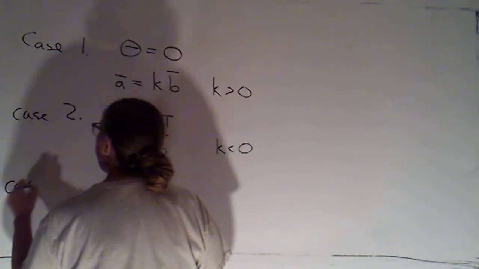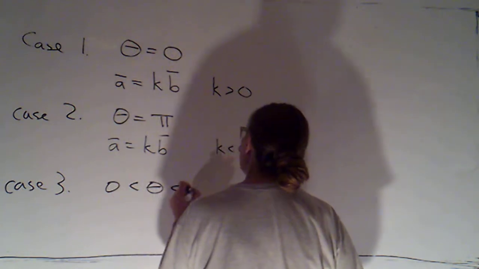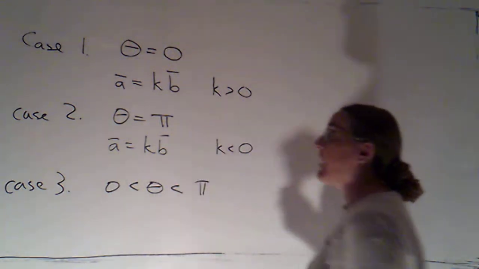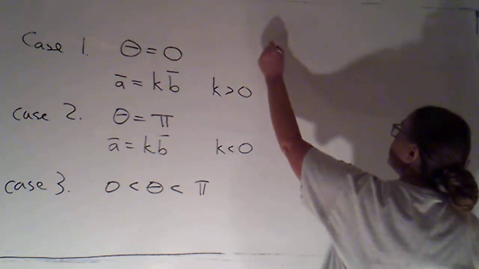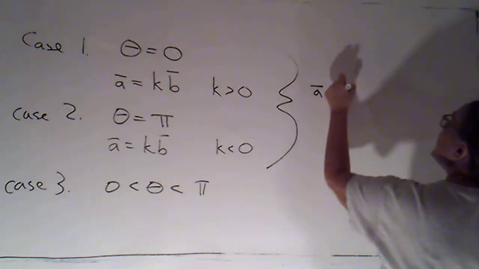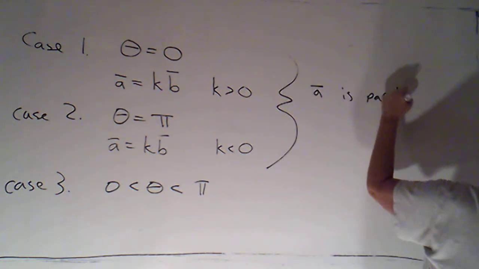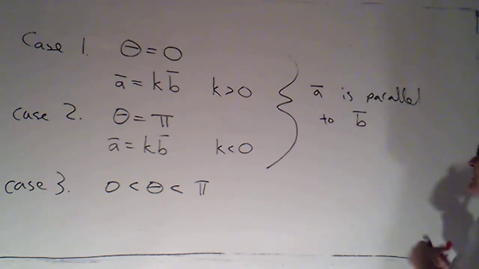And then case 3 will be if theta is strictly between 0 and pi. Now, the reason I'm going to need to have these 3 cases is that these 2 cases have A being parallel to B. We discussed parallel briefly.